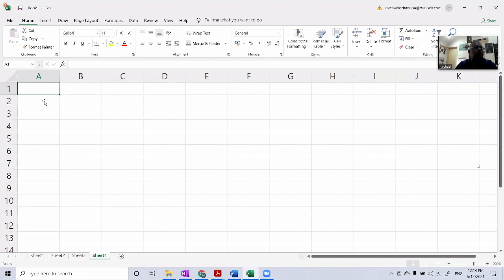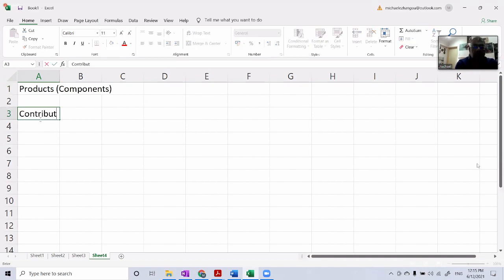So we have products, which is actually components. All right, now we have contribution per unit in euro.